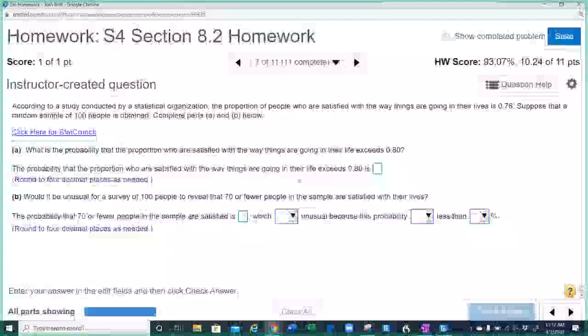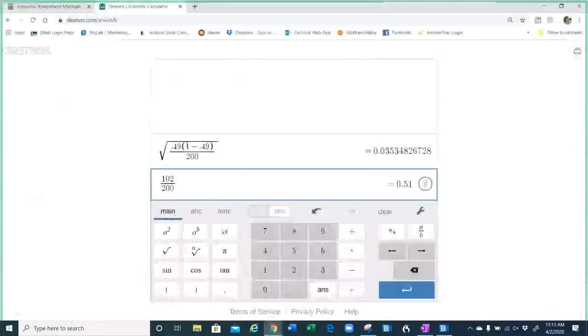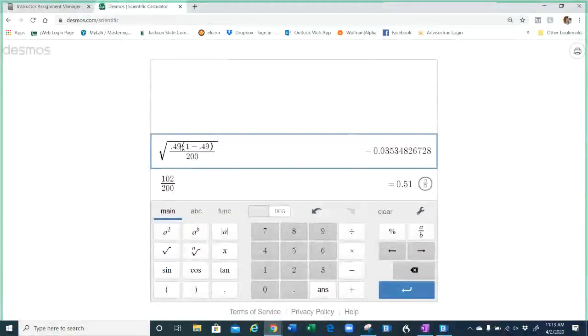All right, again, we've got 76% of the people are satisfied with the way things are going in their lives. Random sample is 100, so 0.76 and 100. Now we can get our mean and standard deviation. Already got the mean, so 0.76. So let's jot that down: 0.0427083.